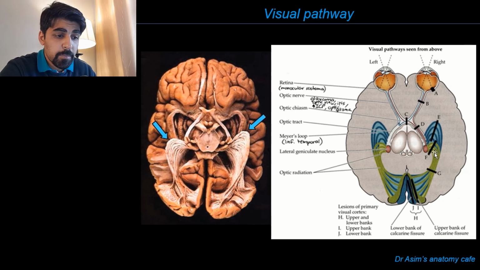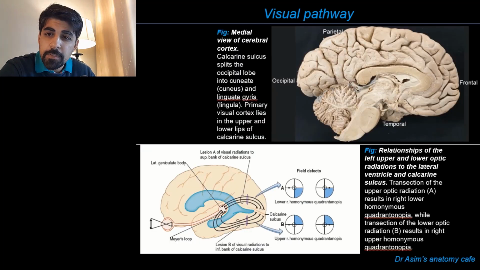The superior optic radiations travel through the parietal lobe and reach the primary visual area in the occipital cortex, while the inferior optic radiations pass through the temporal lobe and reach the primary visual area inside the occipital cortex. Now, in order to understand that, let's have a look at this prosection over here.